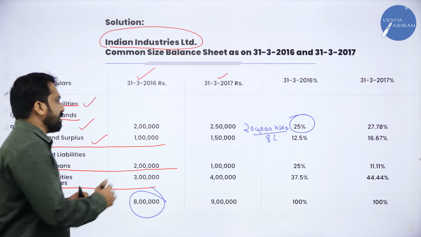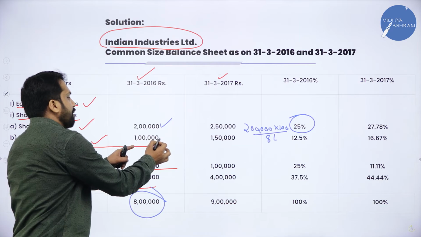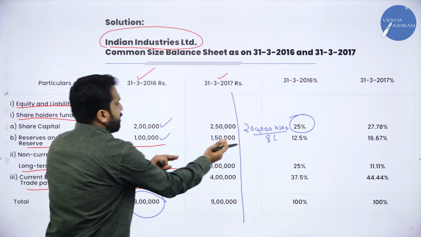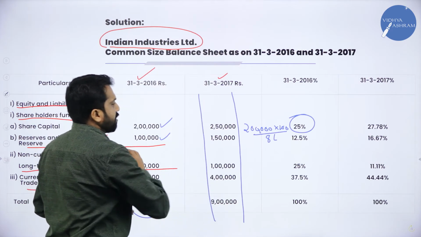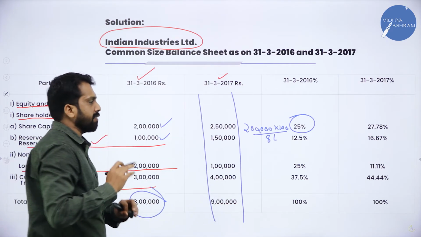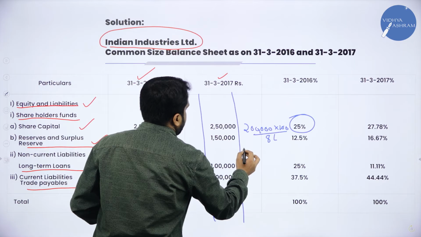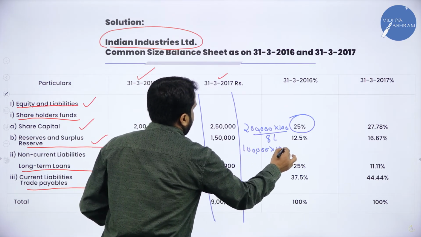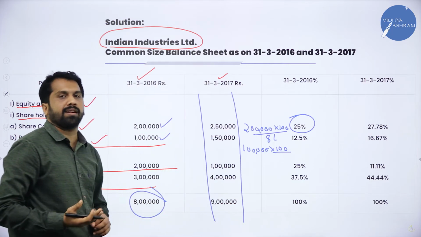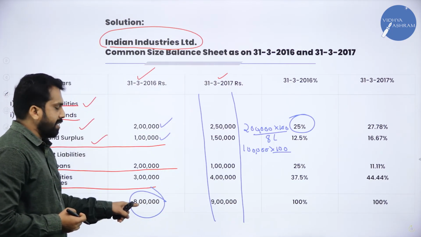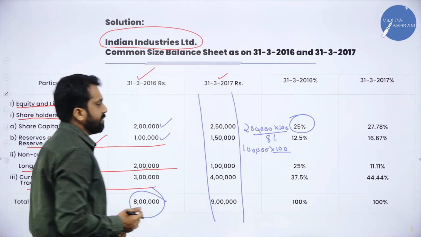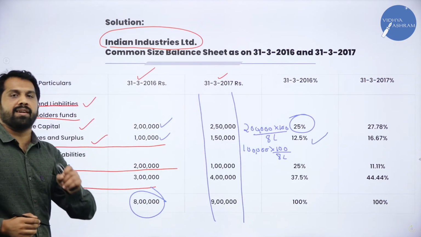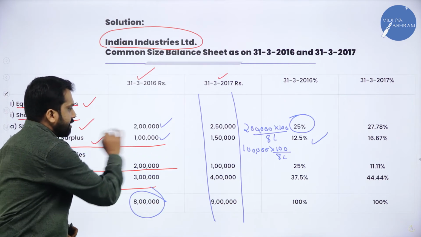Similarly, we'll go for the next one. This is done. Now we'll go for 1 lakh. How to calculate? Don't see 2017, we don't want it. Take 1 lakh multiplied by 100, divided by what? Yes, divided by your total, 8 lakh. Your answer is 12.5%. This is done.